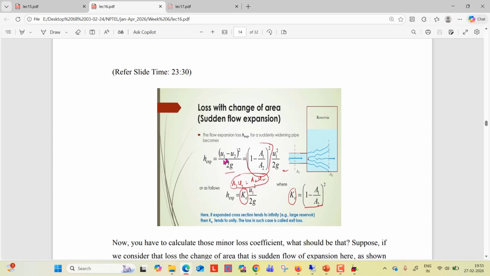We have just seen that it is (U1 minus U2) whole square by 2g. This can be written as (1 minus A1 by A2) whole square into U1 square by 2g, because A1 U1 equals A2 U2, right? So for this case, your minor head loss term K is represented like this.